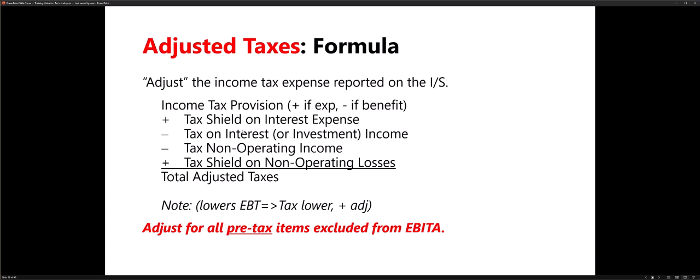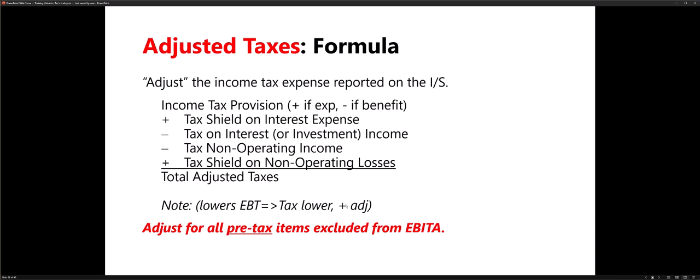And so what happens is, if we have the interest expense, it lowers our earnings before taxes, or our EBT. And it lowers our taxes because you have lower income. And so what we need to do to take off the effect of the taxes of the interest expense is to adjust more.